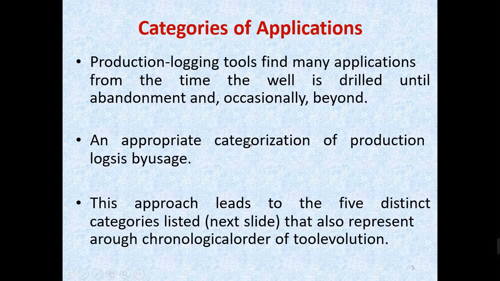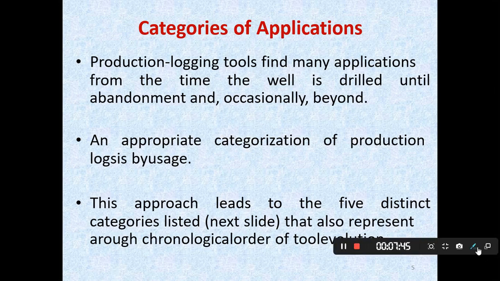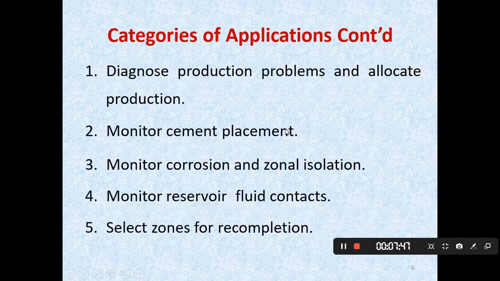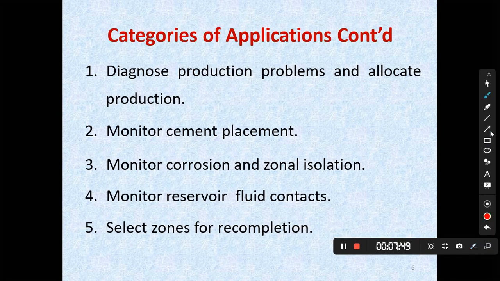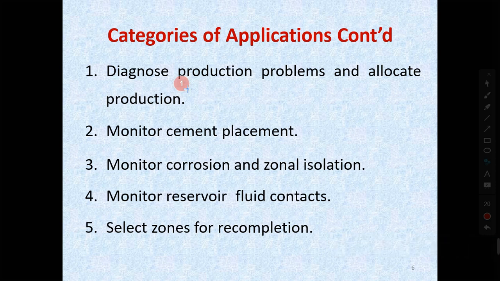It has many applications, but there are 5 major applications that we look at. First of all, we diagnose the production problem. We look at how much production is lost or reduced, and why. We monitor the cement placement: if the cement job is done fine or not, if the cement is channeled or not.